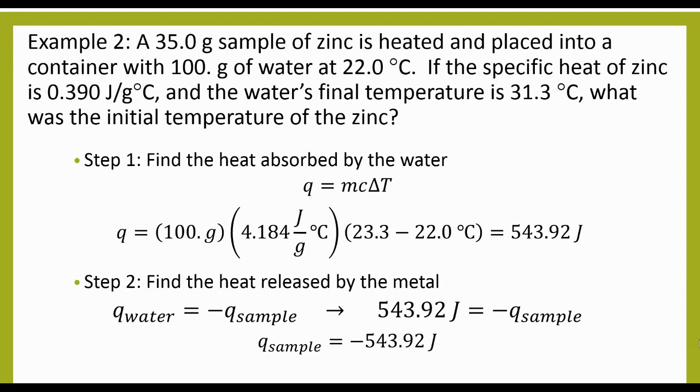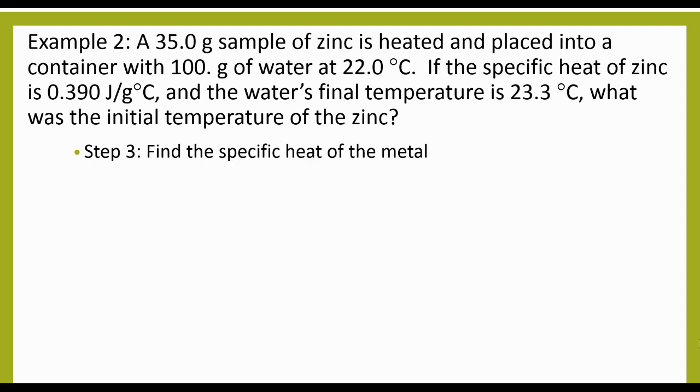Okay. And then step 3, if we move on, we're going to use that Q equals MCΔT equation again. Now this one gets a little bit yuckier with the algebra, but we can do this. So we have our Q equals MCΔT. Now what I recommend for this one is go ahead and replace delta T with T final minus T initial.